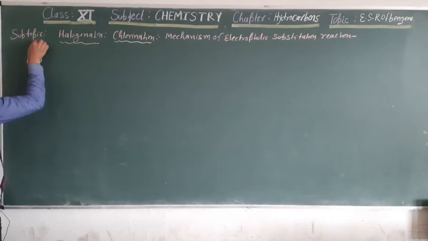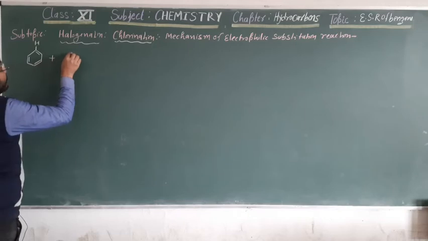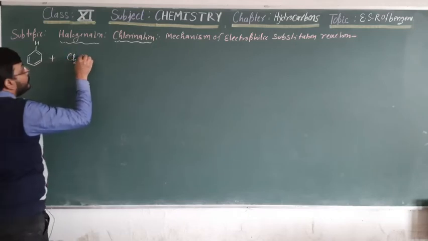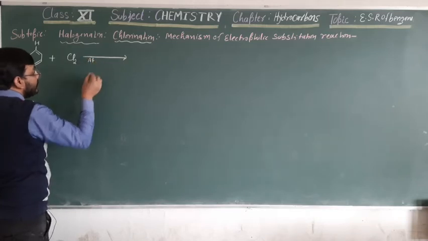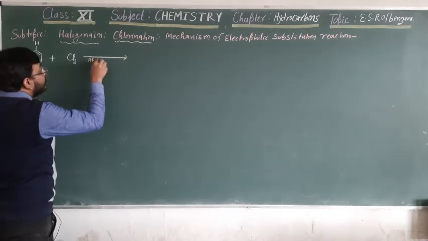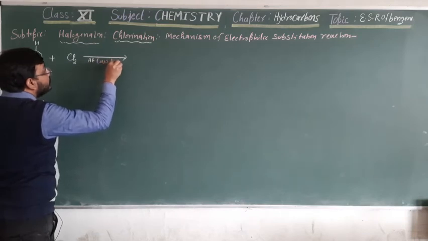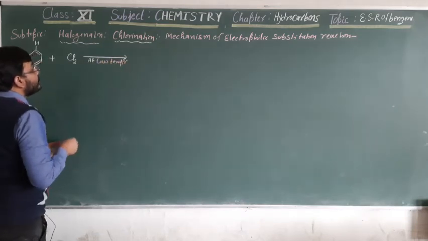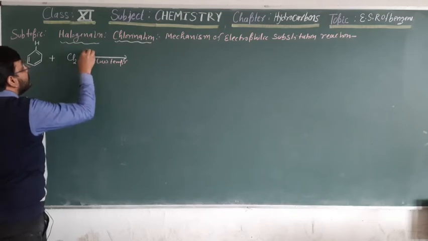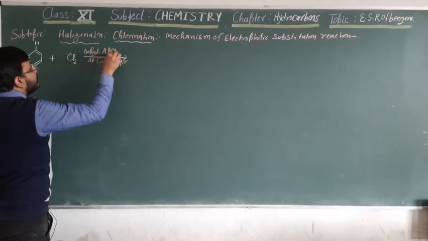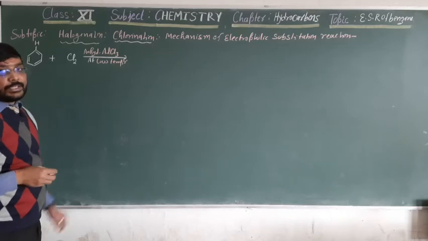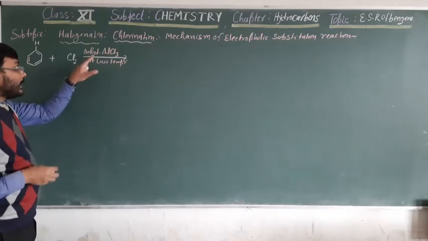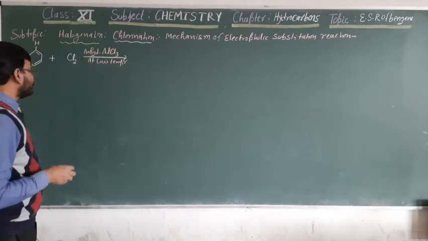Here one hydrogen atom is replaced; Cl2 is used at a low temperature in presence of anhydrous AlCl3. Any Lewis acid you can take instead of AlCl3, and that should be anhydrous.